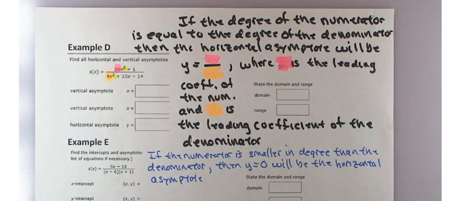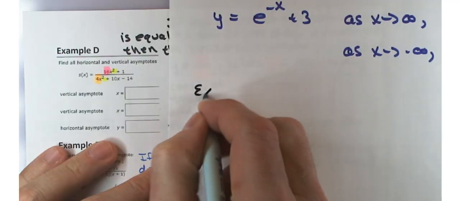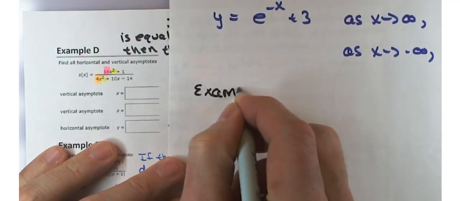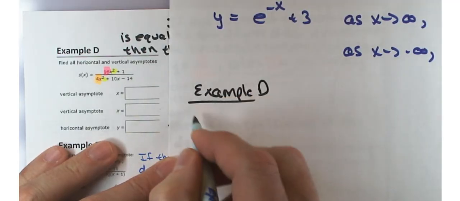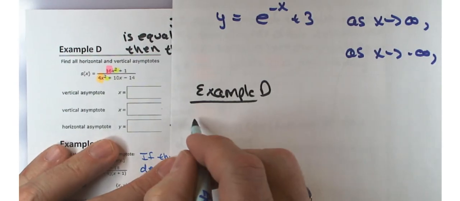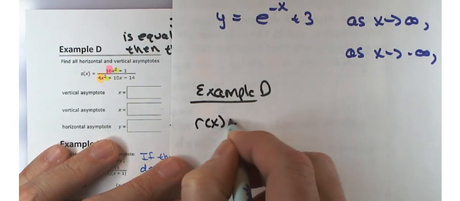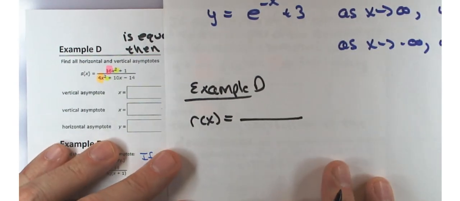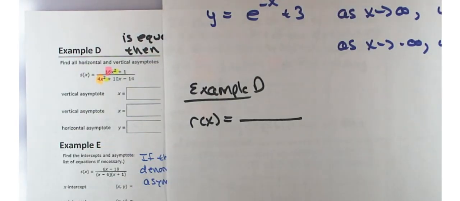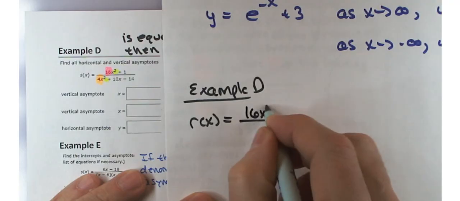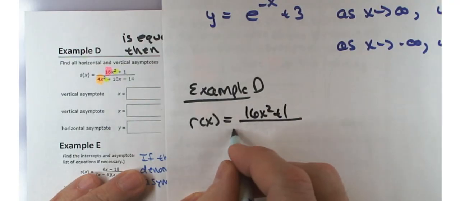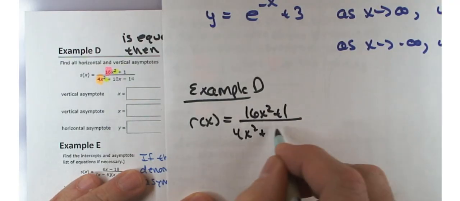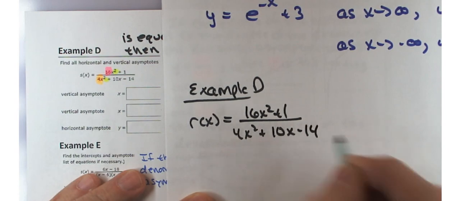So this is example D. Example D. So our equation is what? 16x squared plus 1 over 4x squared plus 10x minus 14.